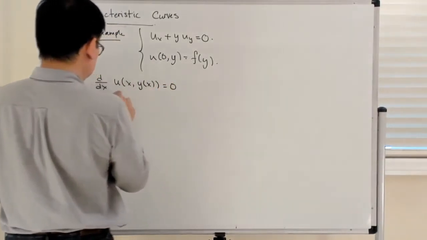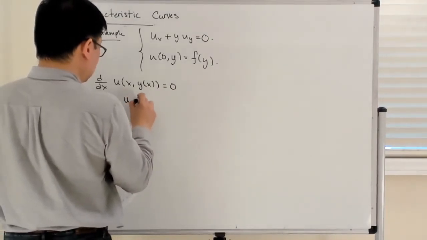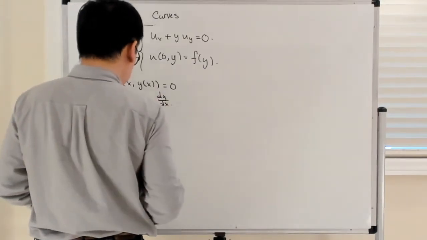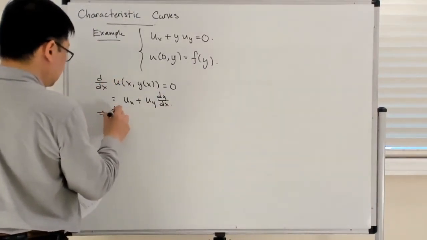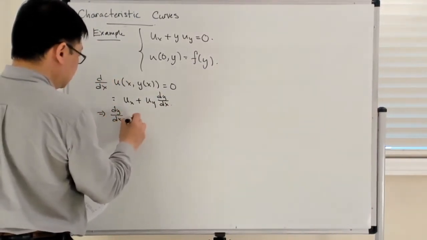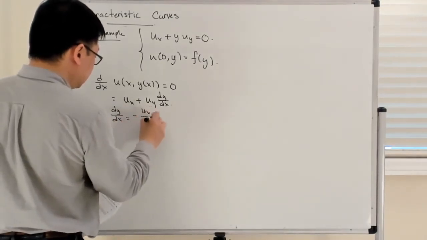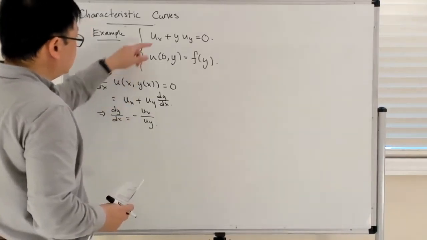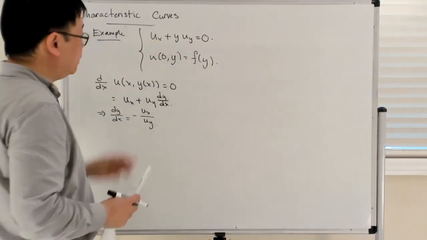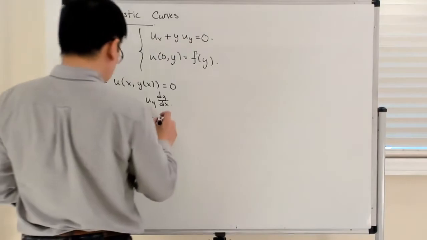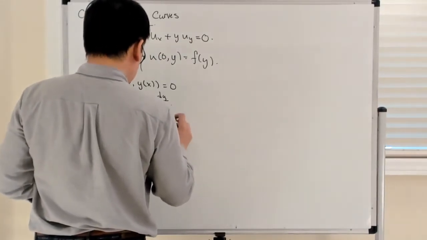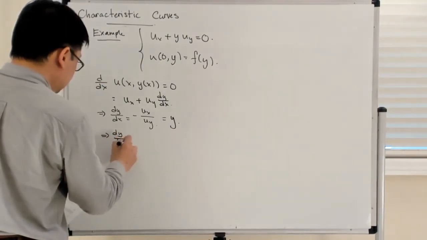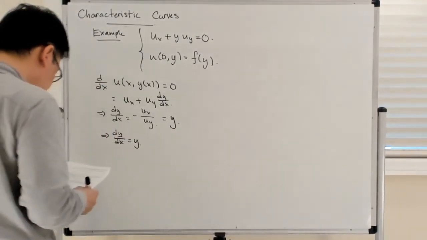So this is equal to u_x plus u_y dy/dx. This means that dy/dx is equal to minus u_x over u_y. Now you can substitute the differential equation, and so this is equal to y. So dy/dx is equal to y. So this is just the exponential, right?